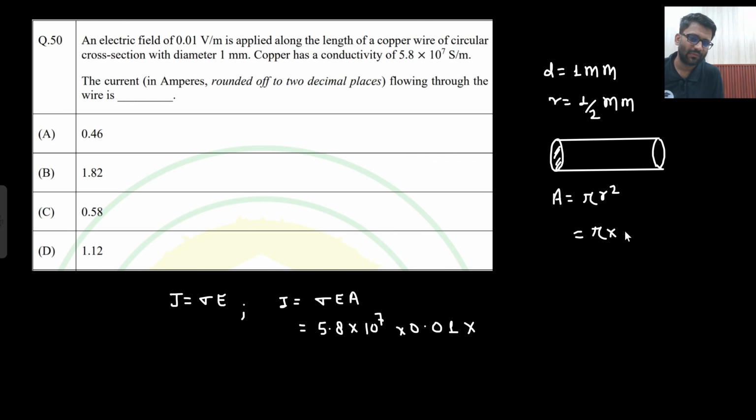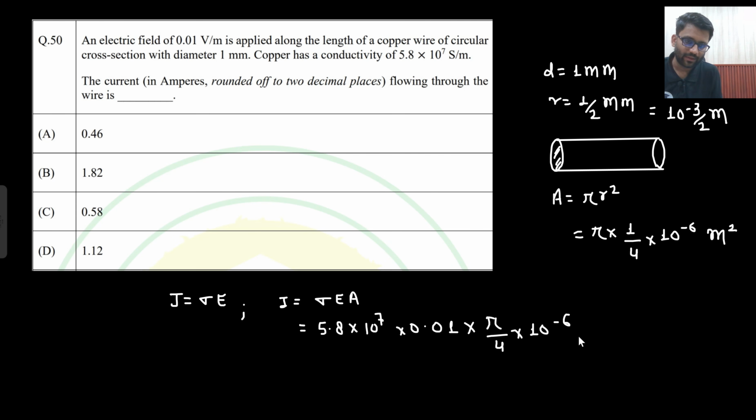So pi into r square. Your radius is 1 by 2 into 10 to the power minus 3 meter. So it would be 1 by 4 into 10 to the power minus 6 meter square. So pi by 4 into 10 to the power minus 6. So what is the answer you are getting? This is actually 10 to the power minus 2 only. So let's write it down as 10 to the power minus 2.